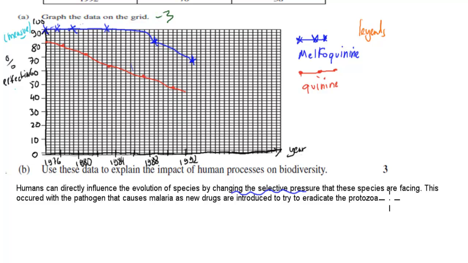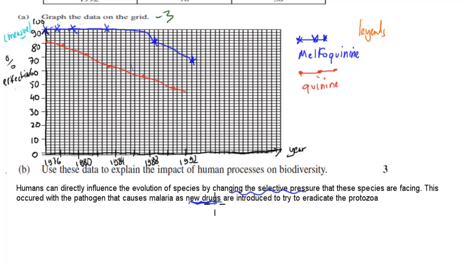Selective pressure just means whenever these animals have to survive to be able to reproduce, right? So selective pressures are usually the things that are most serious to them, the most dangerous to them. And this occurred with the pathogens that cause malaria, as new drugs are introduced to eradicate the protozoa. So for these malaria-causing protozoa, basically these drugs were the selective pressure.